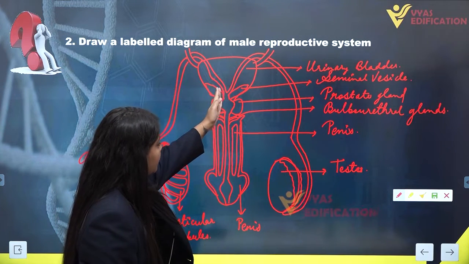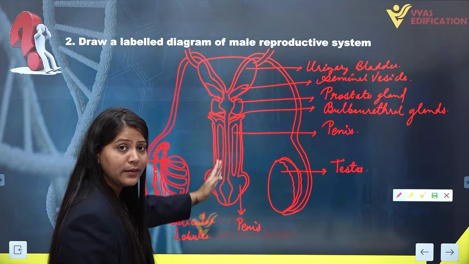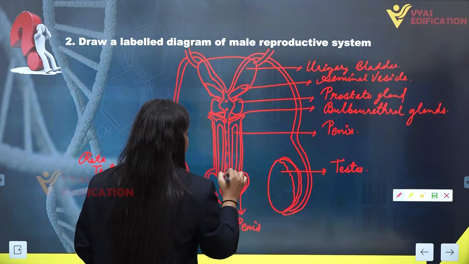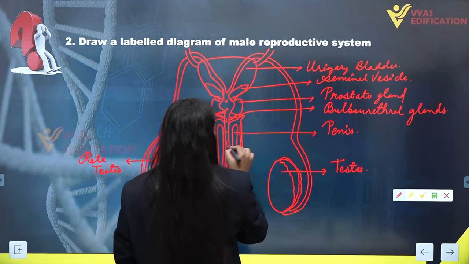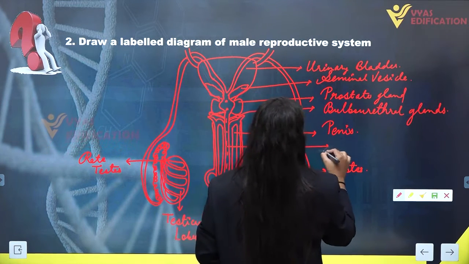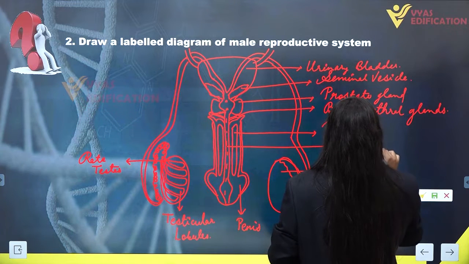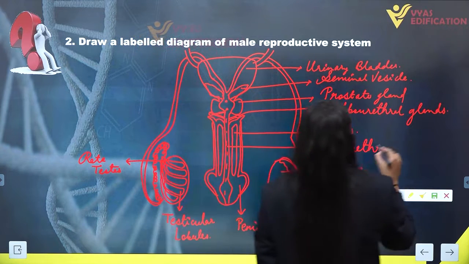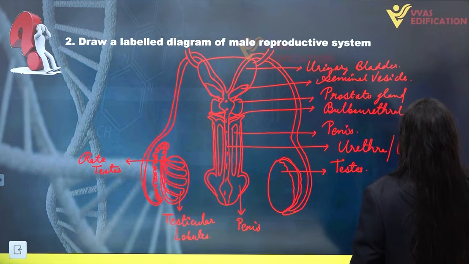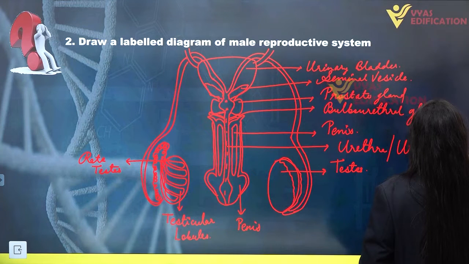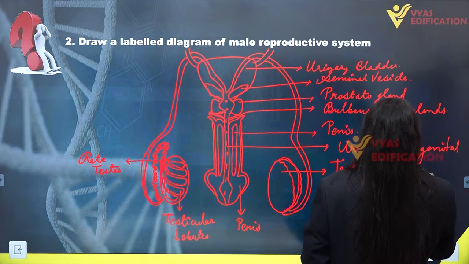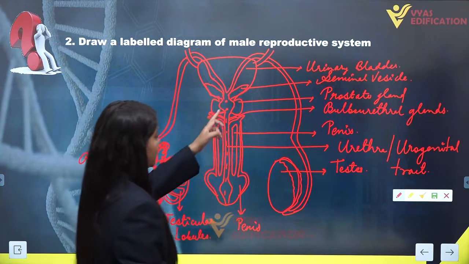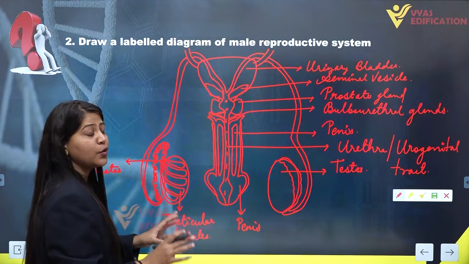Because of this path, this tube is urethra and also known as urogenital tract, as it is conducting sperms as well as urine.